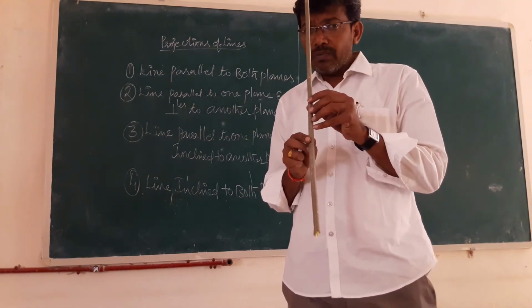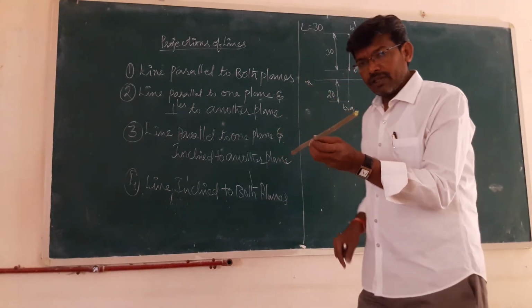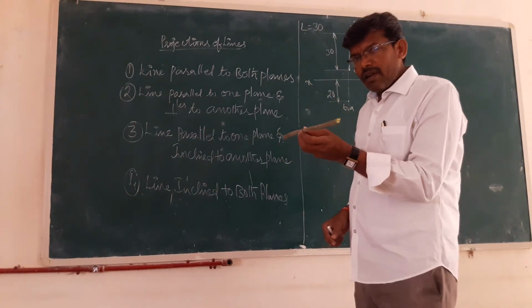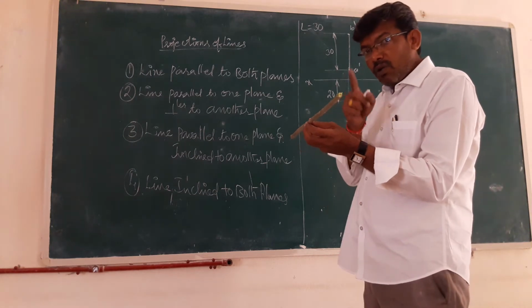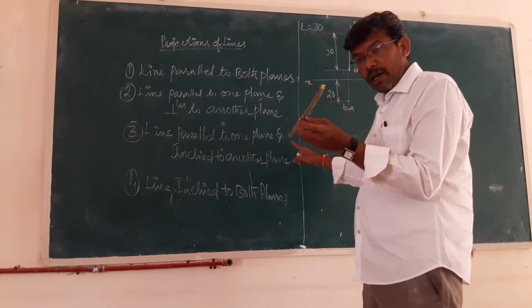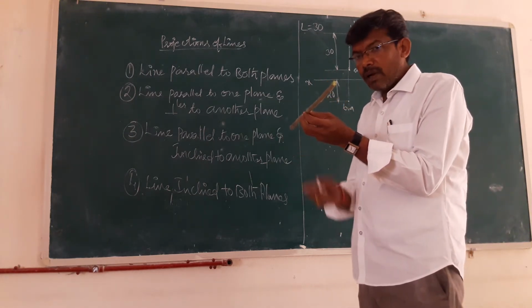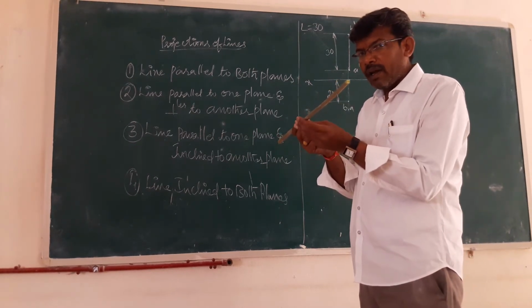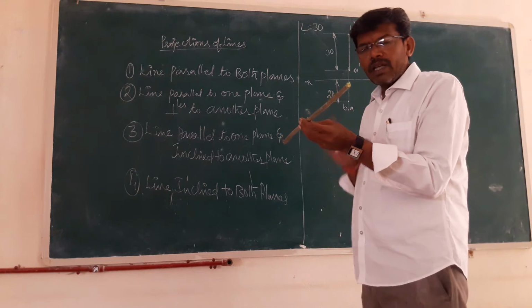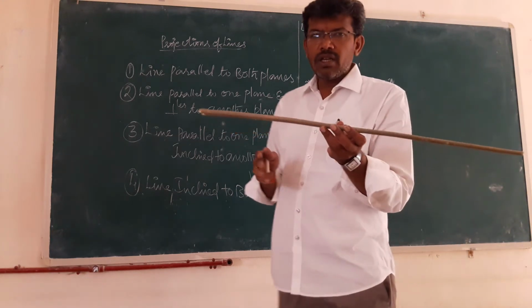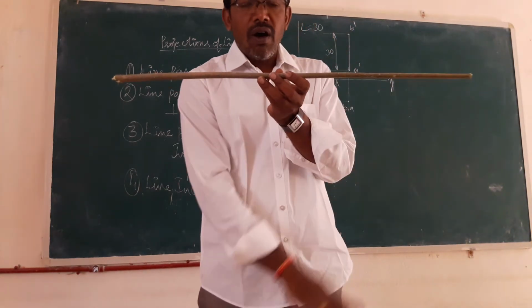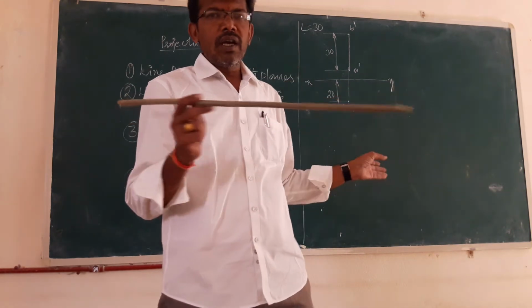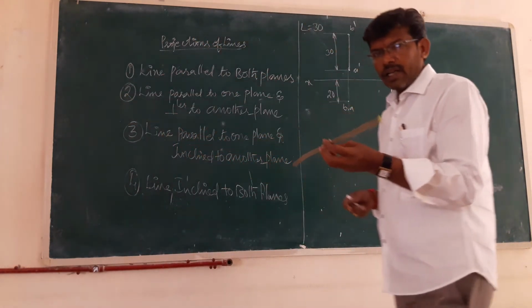So now I will rotate the line here like this. So you can have a look. That is, now the line is perpendicular to the vertical plane and parallel to the horizontal plane, because the distance between the first point and the horizontal plane, and the second point and the horizontal plane, is the same, such that this line is parallel to the horizontal plane and perpendicular to the vertical plane, right, like this.